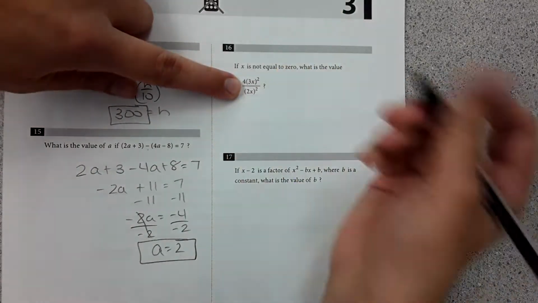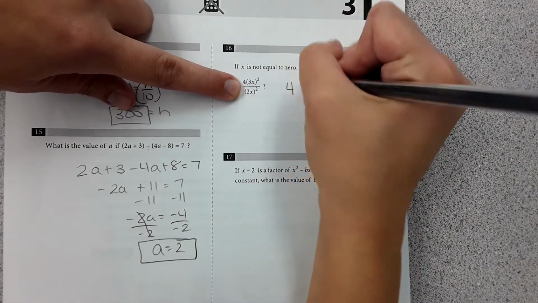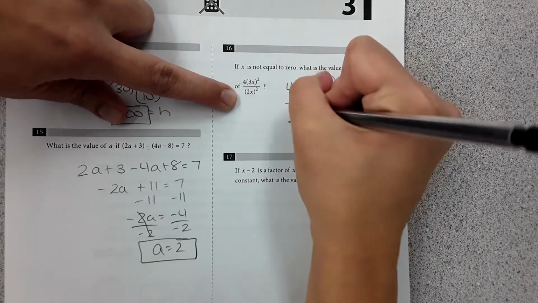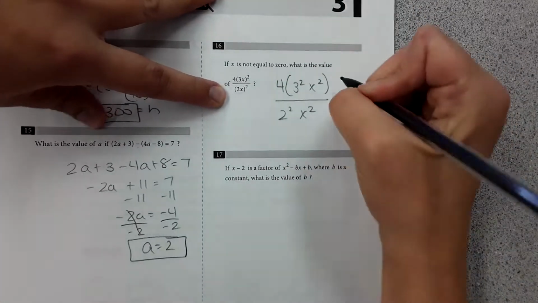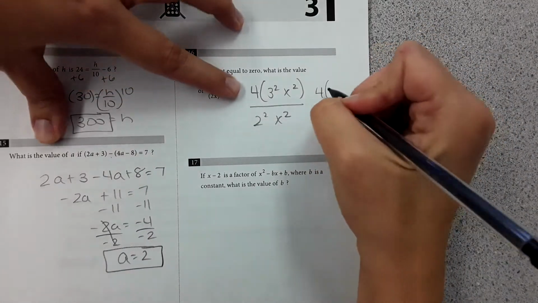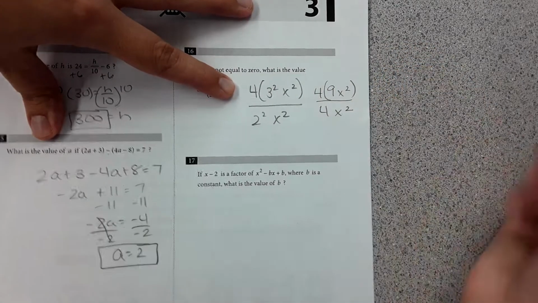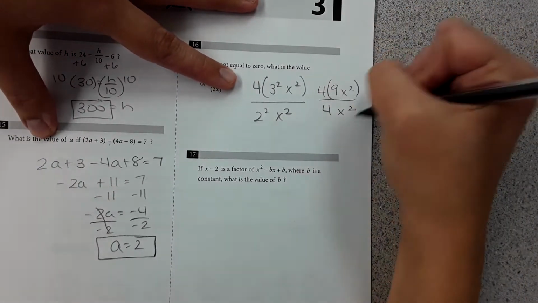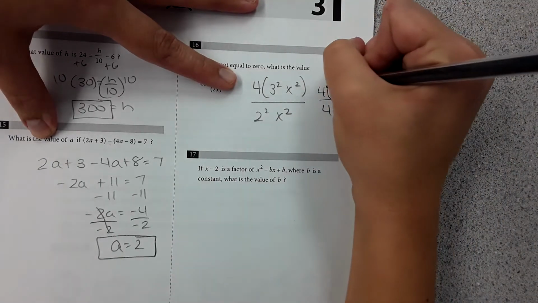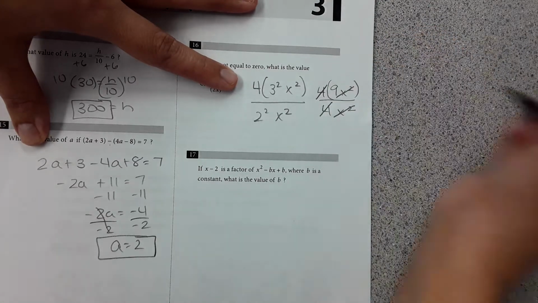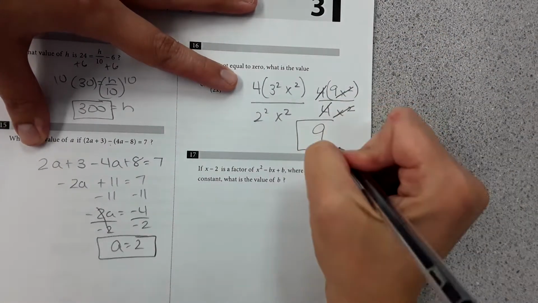Each number here has to have the exponent, so it would be 3 squared x squared over 2 squared x squared. Further simplifying, 3 squared would be 9, over 4x squared. Because we're just dealing with multiplication, we can cancel. 4 divided by 4 is just 1. X squared divided by x squared is 1. That cancels, and we're left with 9 over 4 as the answer.